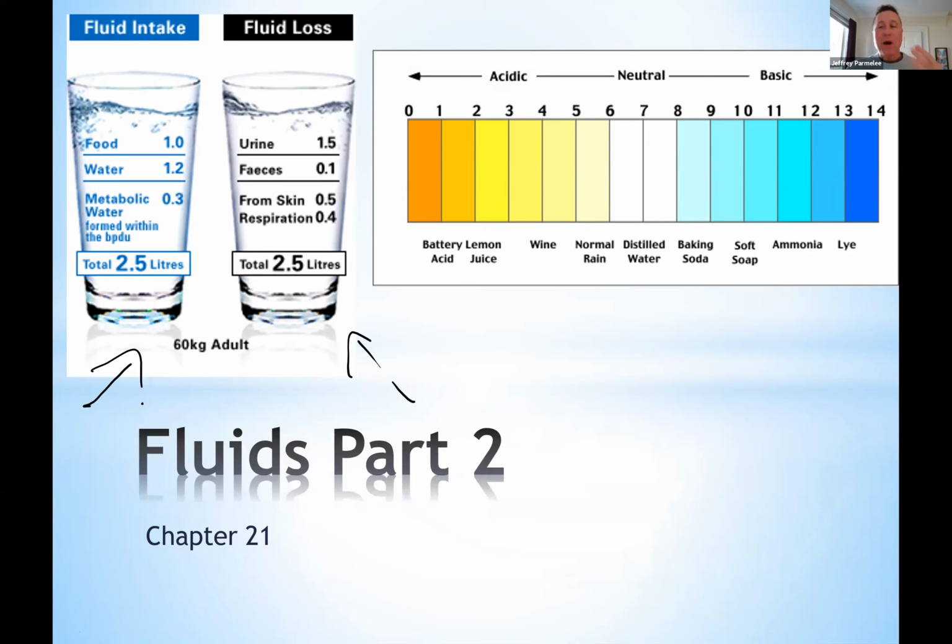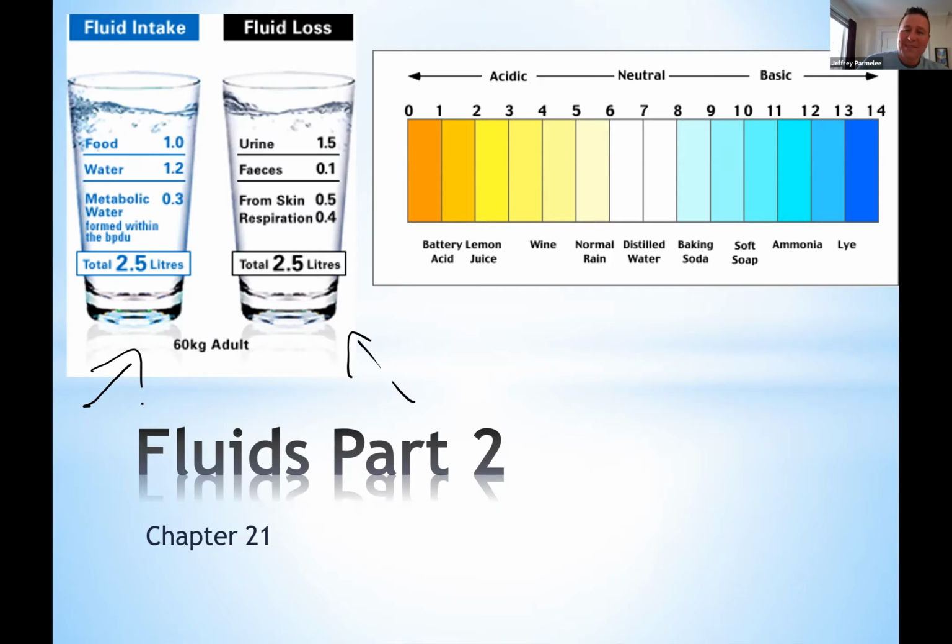And then lastly, metabolic water that we get just from chemical reactions that release water. Then fluid loss, mostly the urine. So we have to pee and it takes water. We get rid of it that way. In the feces, the waste is going to have to get rid of some water that way. And then from your skin, either just evaporation or sweating, as a way to speed that up. So that's the input, that's the output.